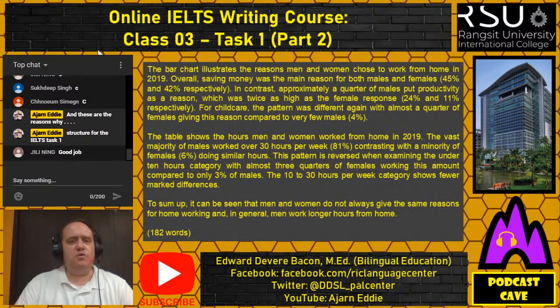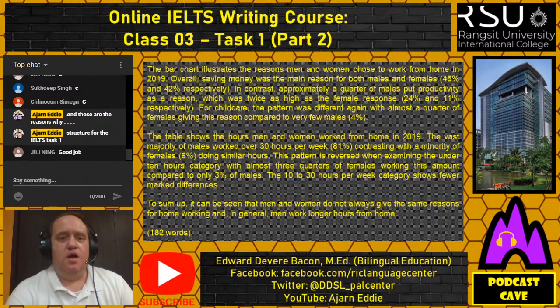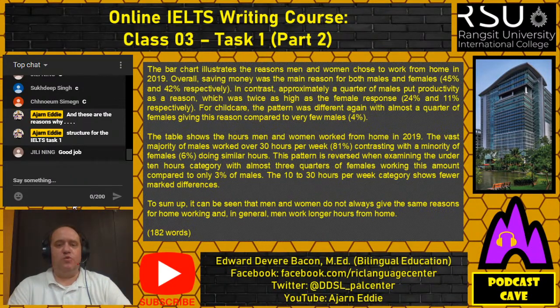So let's read what they wrote for the first paragraph. The bar chart illustrates the reasons men and women chose to work from home in 2019. Overall, saving money was the main reason for both males and females. In contrast, approximately a quarter of males put productivity as a reason, which was twice as high as the female response.